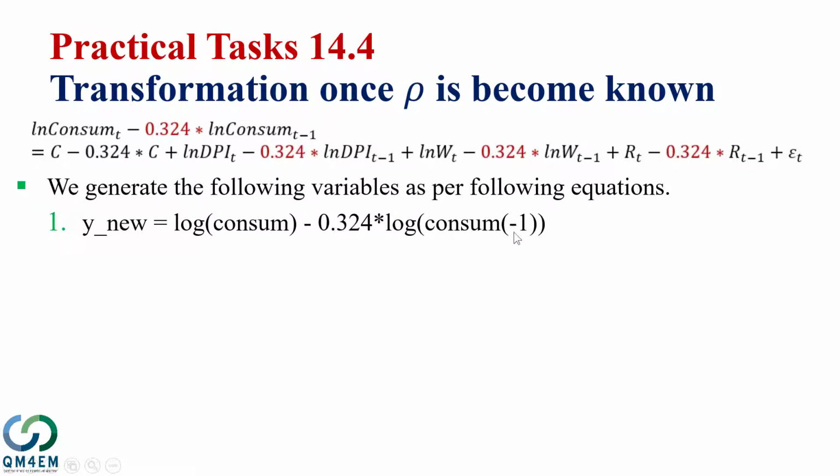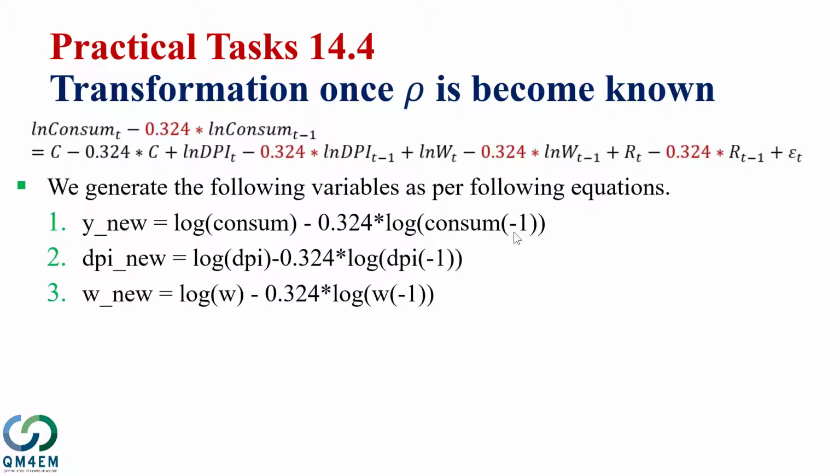Similarly, we generate a new variable dpi_new equal to log of DPI minus 0.324 into log of DPI minus 1, or first lag. Similarly, w_new is log of wealth minus 0.324 times the first lag of log wealth. Finally, we have R_new, the new real interest rate, equal to R minus 0.324 into R minus 1, or first lag.